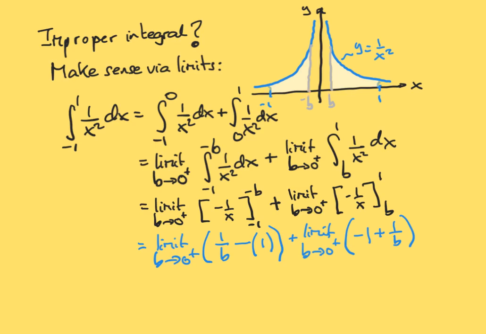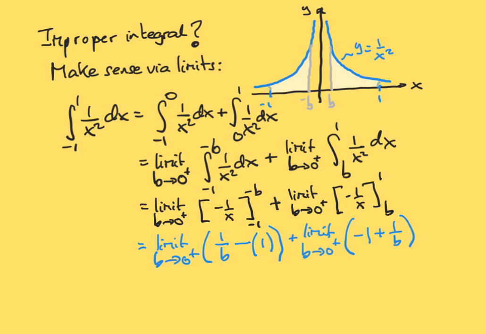And b, you know, is less than 1. So 1 divided by b is bigger than 1. So overall, for any b less than 1, this is going to be positive, as we would expect because our integrand is positive. And also, as b approaches 0, this is going to diverge.